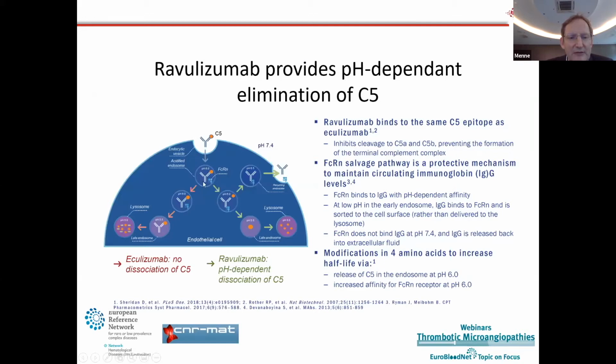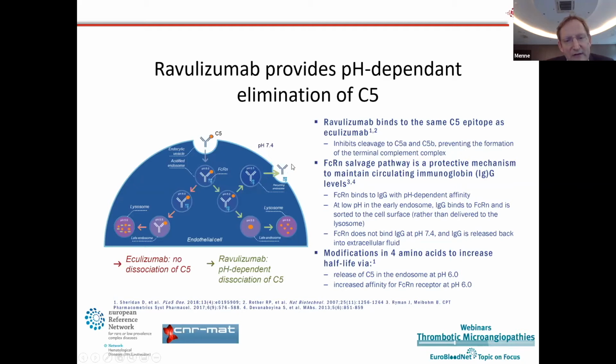And in the lysosome, the pH is lower than in the circulation. So what now happens is that at pH 6, it binds to the FC receptor. And then it dissociates from the complement and it's recirculated to the surface.